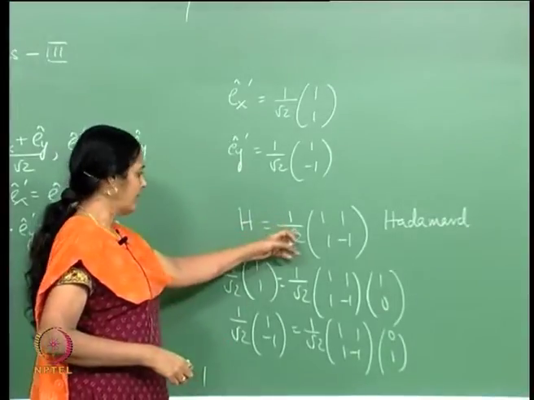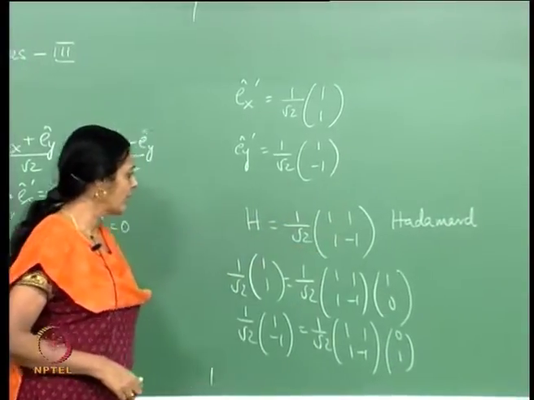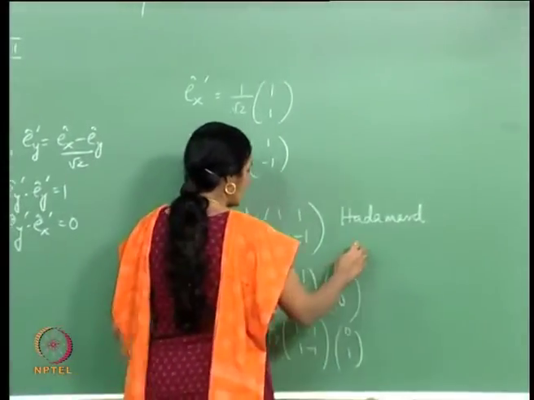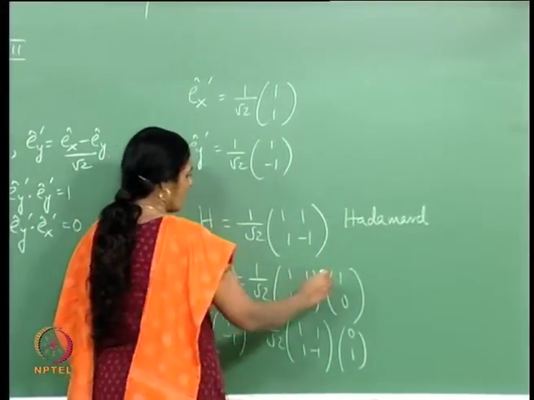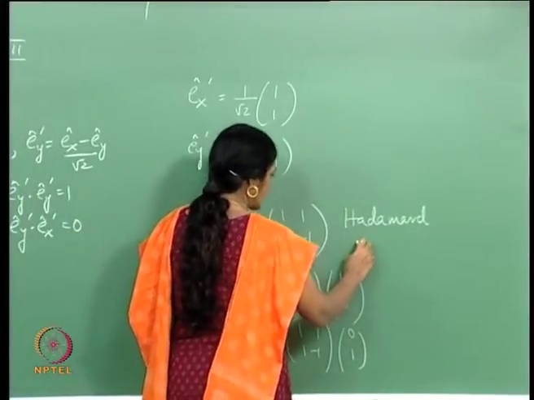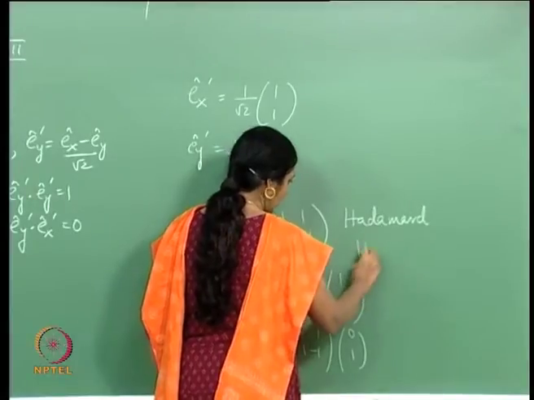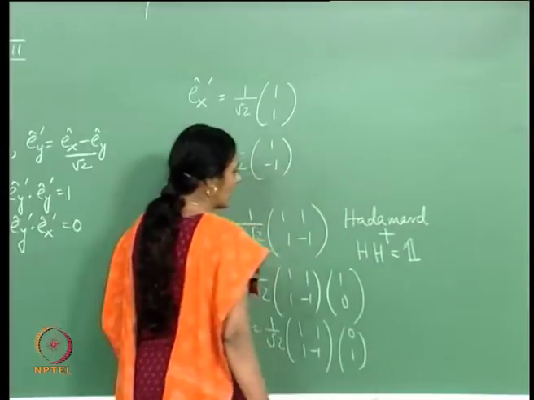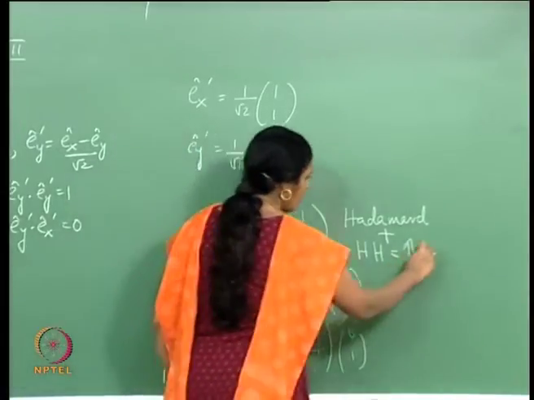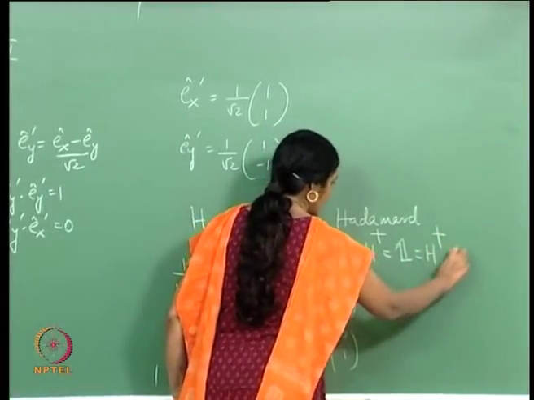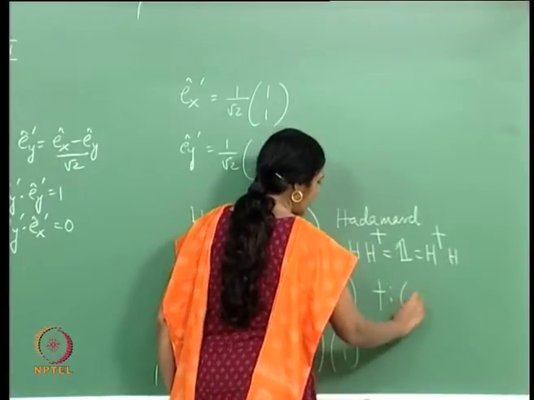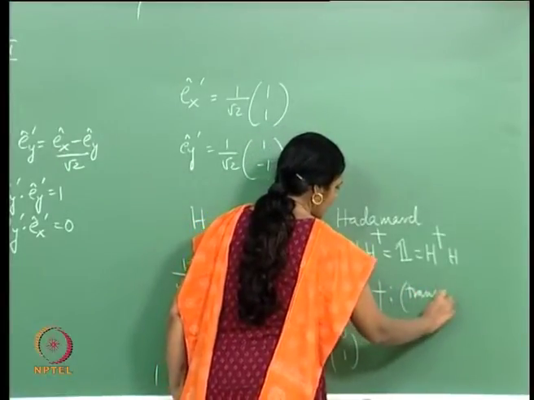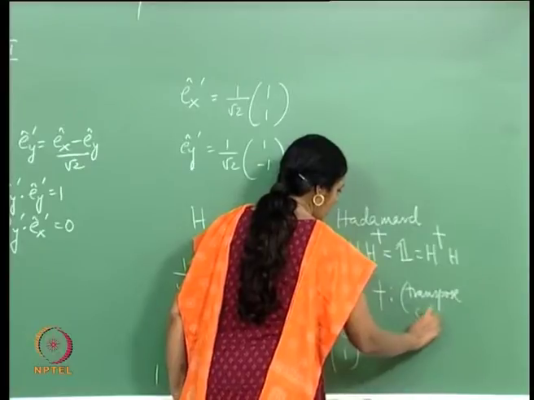It is also unitary. You can see that this is a unitary matrix in the sense that this matrix with its dagger when multiplied is equal to the identity matrix. It is also equal to H dagger H, where dagger means transpose complex conjugate.